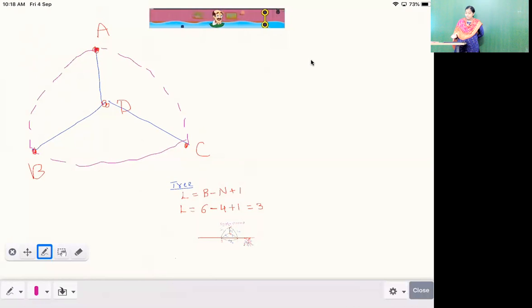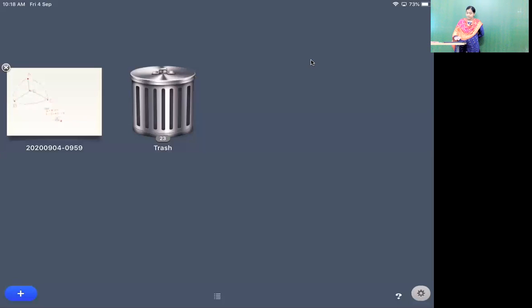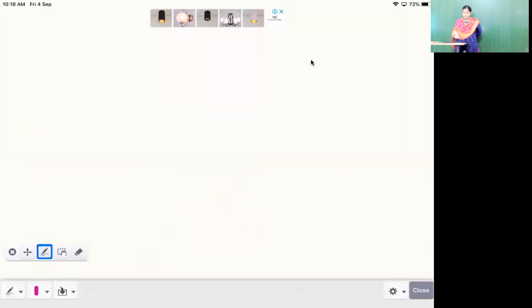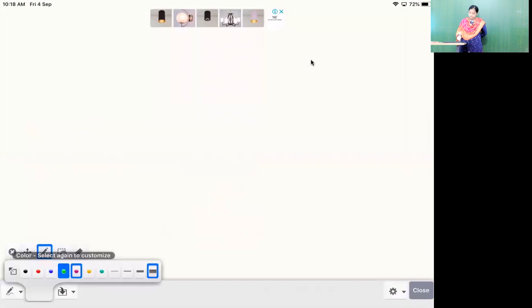Okay, so in order to do that, let me consider another sheet here, so that I can explain it to you in a clear manner. So let me draw the nodes first, because this is important.